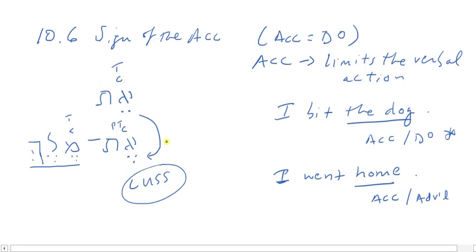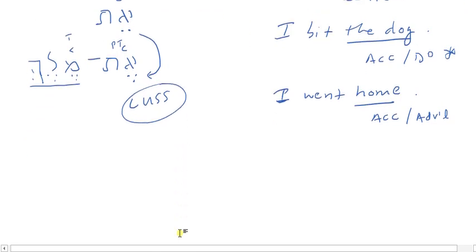But the other thing we need to know about this little particle is this. We need to know when it can be used. So there's a requirement for using it. Okay. So first of all, it's used, number one, before a noun that is a direct object. Okay?